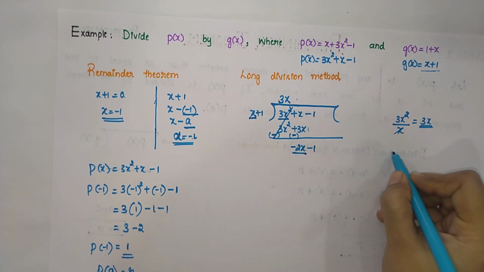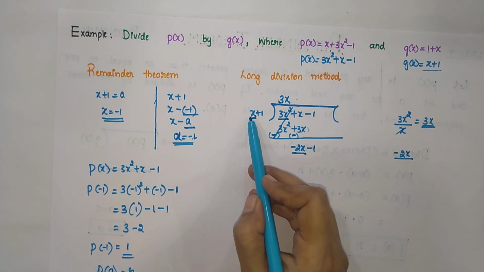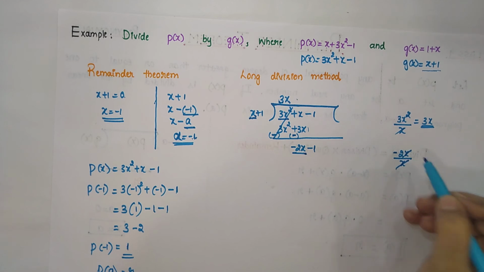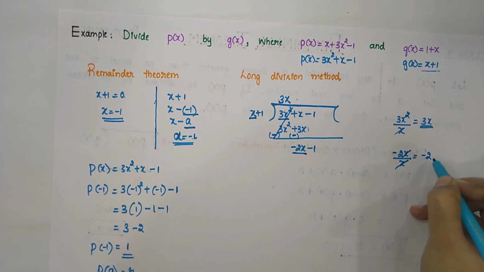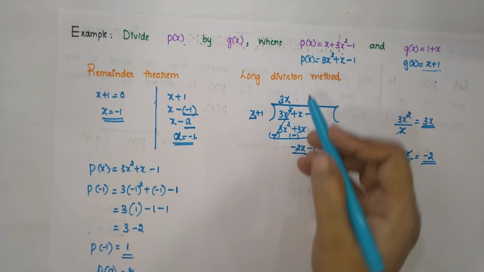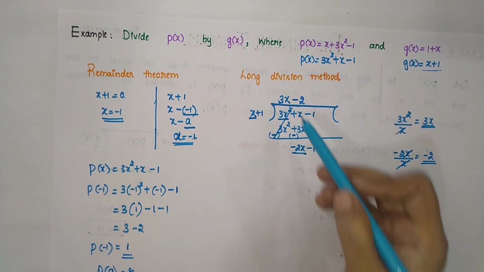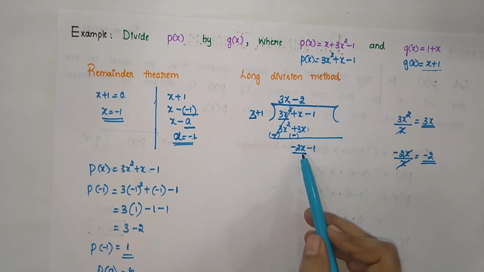So the first term of the dividend is minus 2x. It should be divided by the first term of the divisor, that is x. So we get x and x both in numerator and denominator. So the remaining value is minus 2. So the second term in the quotient is minus 2. That is, by multiplying x with minus 2, we get minus 2x.